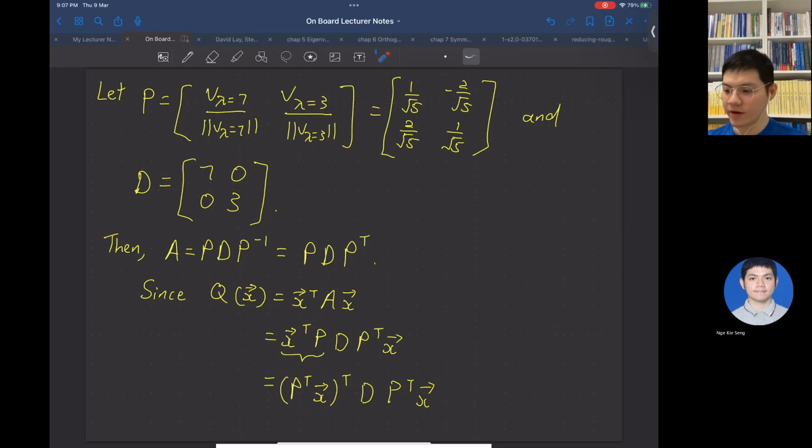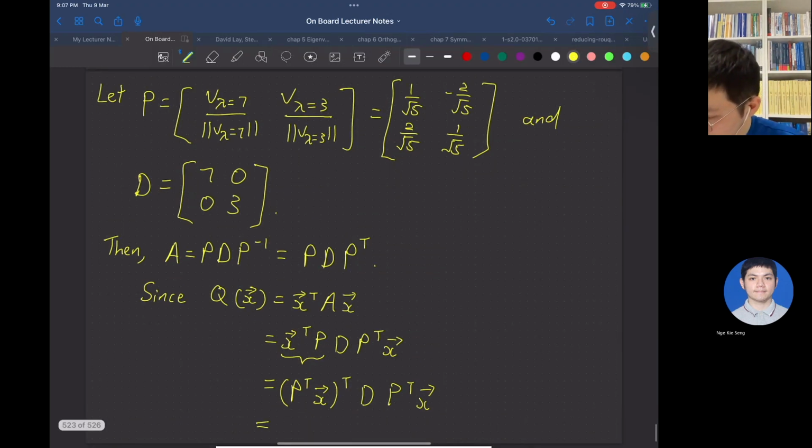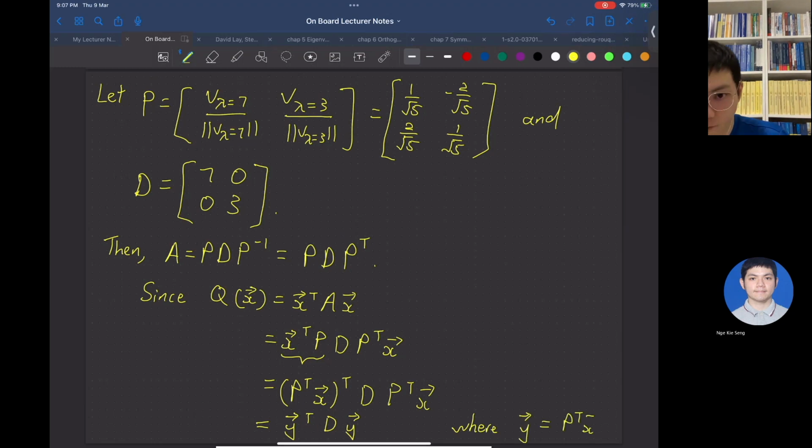And this is what we call a change of variable. So we can make a change of variable to y so that it is still in the form of a quadratic form. Okay, where y is equal to P transpose x. Okay.